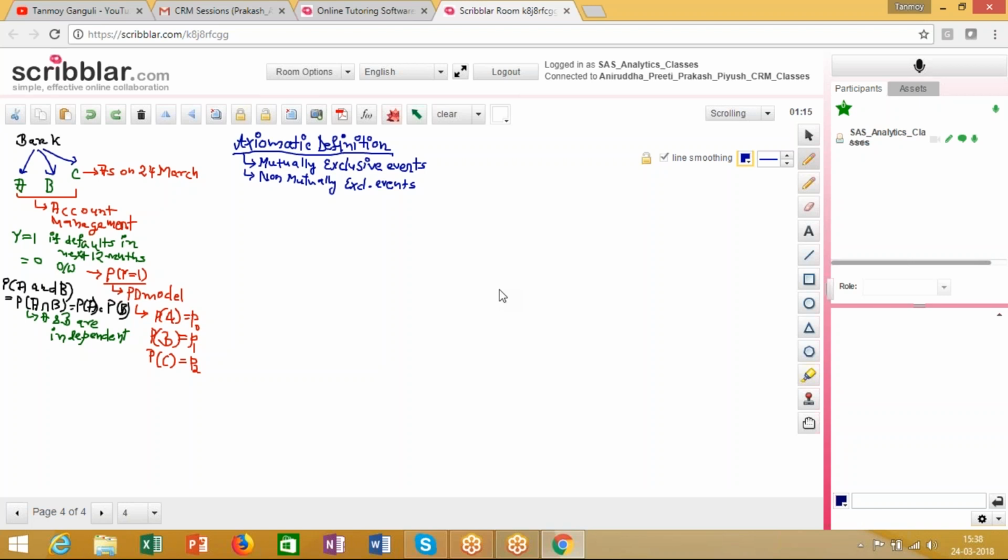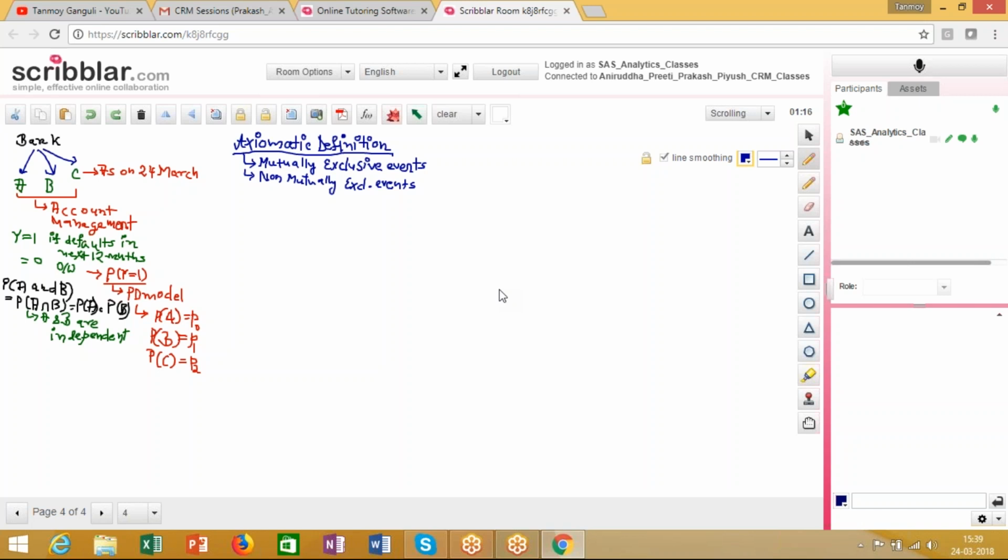So over here, what we have is mutually exclusive and non-mutually exclusive events. What are the rules or formulas that the axiomatic definition lays out? To understand this framework, we need a good understanding of set theory as well.